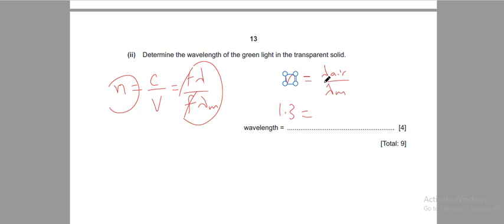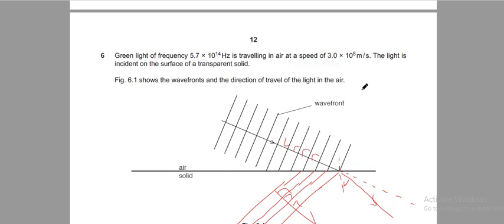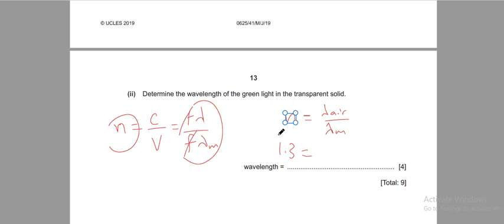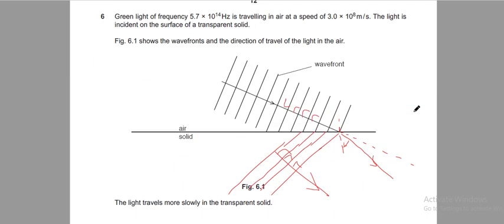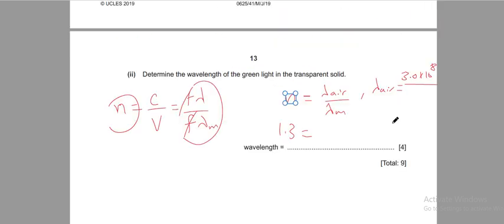We need lambda in air, and to find it we have only the frequency, so we can use lambda air equals c over the frequency, 3 times 10 to the power 8 over 5.7 times 10 to the power 14, so lambda air would equal 0.53 times 10 to the power minus 6, which is 530 times 10 to the power minus 9 meter, or 530 nanometer.